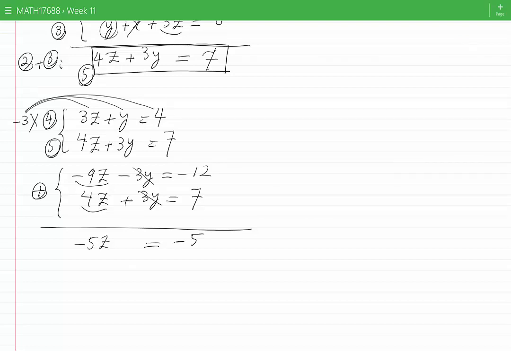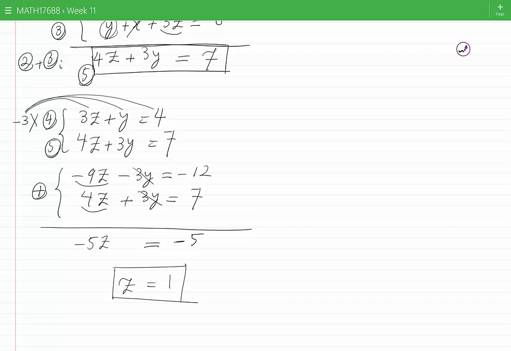We now have one equation, one variable. We can solve that equation for the variable. If we divide both sides by minus 5, we see that z is equal to 1.